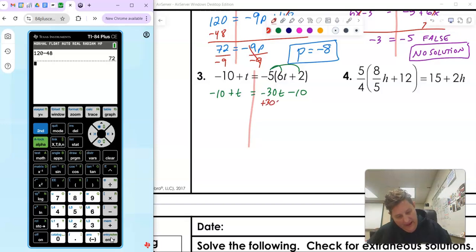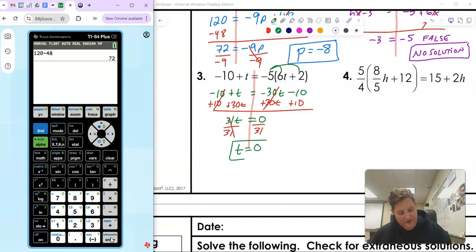So I'm going to add 30t to the other side, and I get 31t. And then I'm going to get the numbers on the one side. Okay, so when I do that, negative 10 plus 10, I get equals 0. Now, this is okay. This is still going to give me an answer. I'm allowed to have 0 divided by something. My answer is just 0. Right?